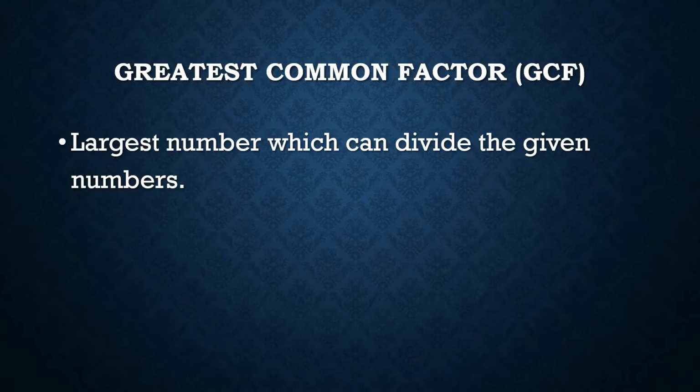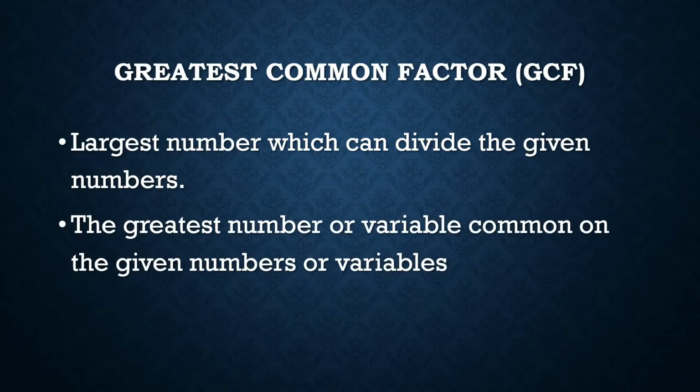Or simply, it refers to the greatest number or variable common on the given numbers or variables. So siya yung pinakamalaking number na parehas. Siya yung pinakamalaking number na factor na parehas dun sa given numbers or variables. Later on, I'm going to give you an example on how you are going to get the greatest common factor.